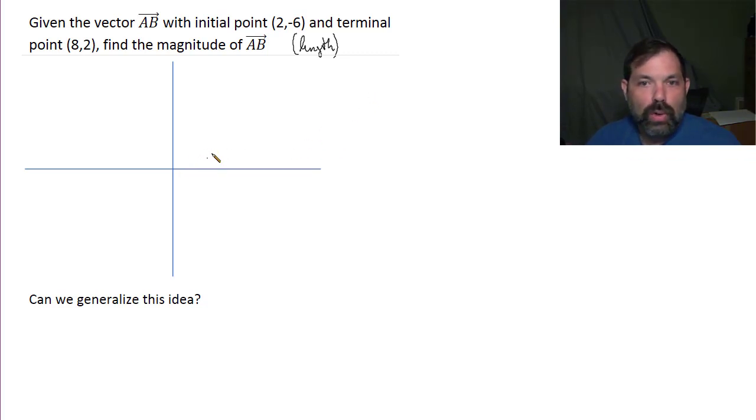Alright, so here's one way to look at it. We now have the standard vector AB from the previous slide. The standard vector was 6, 8. So if this is the point P, and it's 6, 8, and there's the vector AB, notice that this builds a right triangle.